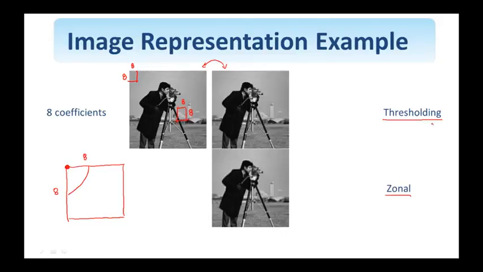Clearly, thresholding by and large should give better results than the zonal approximation, simply because there might be a large value coefficient down here, larger than any of the ones that I kept here that I have neglected. However, when thresholding is used, I have, in addition to the coefficients, to transmit their location, so spend bits for the location, while this location information is fixed here when the zonal approximation is used.